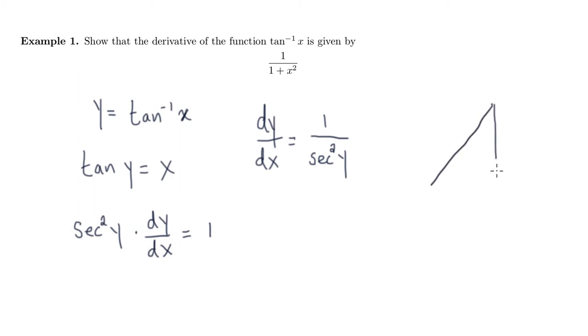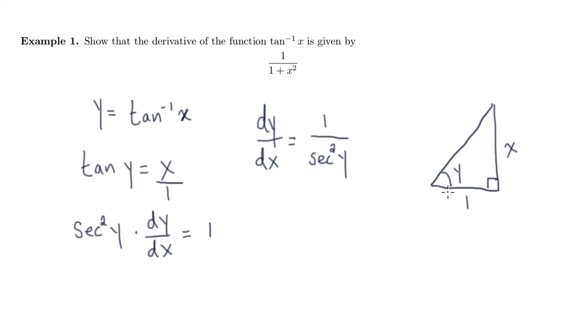If we know tangent of y is equal to x, so if we let this angle be y, tangent of y equals x, tangent is opposite over adjacent. So x is like x over 1. So that's that ratio in this right triangle, the tangent ratio.